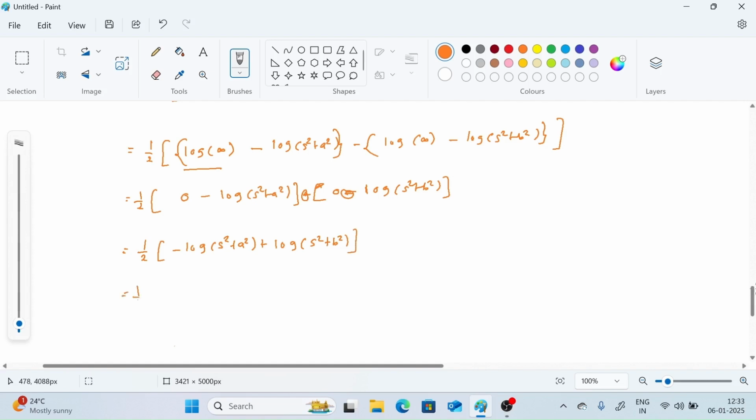So what can I write? 1 by 2 log of s square plus b square minus log of s square plus a square, right? So we have the formula log a minus log b is equal to log a by b.